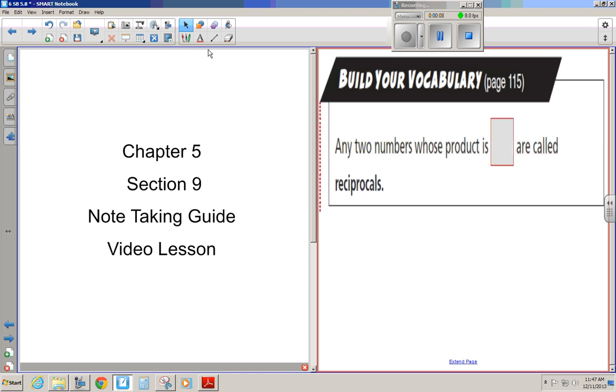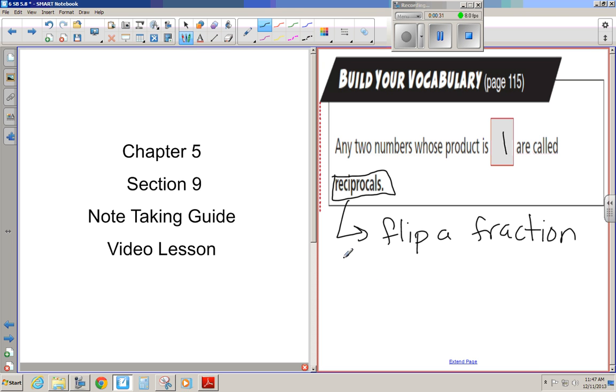To begin with, what you're going to need to know, and this is really the only new piece of this section, is that any two numbers whose product is 1 are called reciprocals. Basically, to find a reciprocal, all you really have to do is flip a fraction.